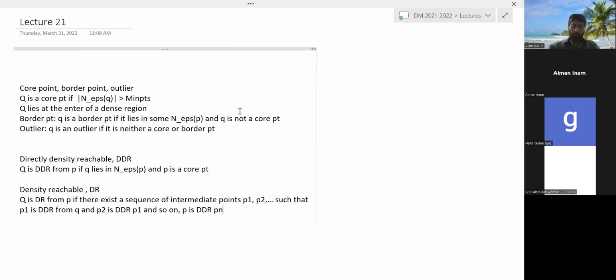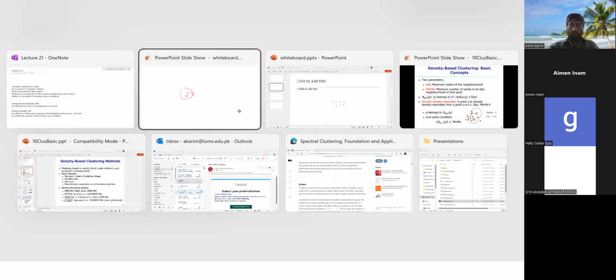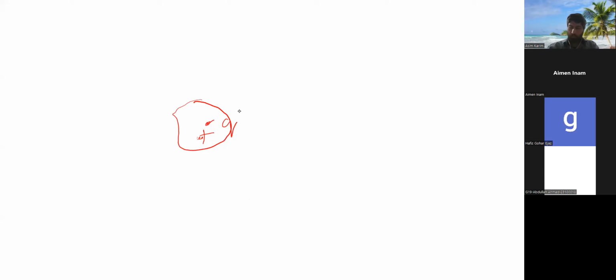Okay, this is Q. So the final point that we're talking about is Q. So if I want to draw this, so you can think of, we are talking about Q. This is Q, and we are talking about some P here.